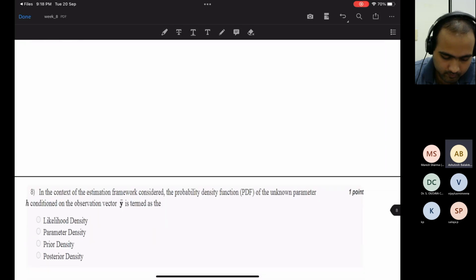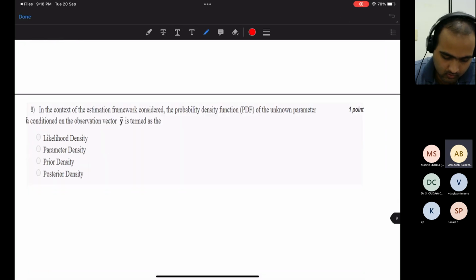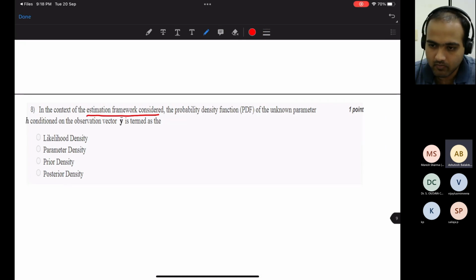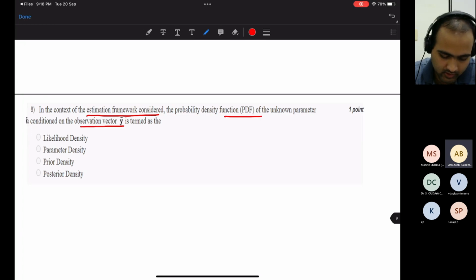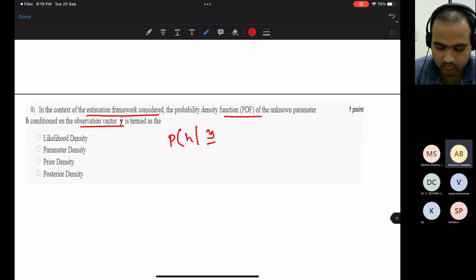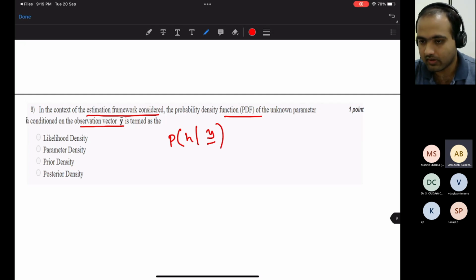In the context of the estimation framework, again the Bayesian estimation framework, the PDF of the unknown parameter conditioned on the observation y is termed to be what? This is basically asking for p of h given y.